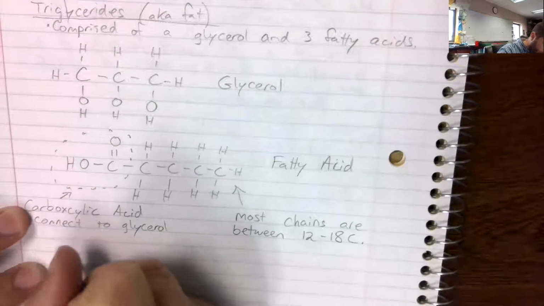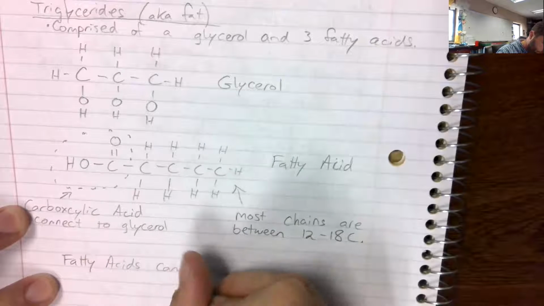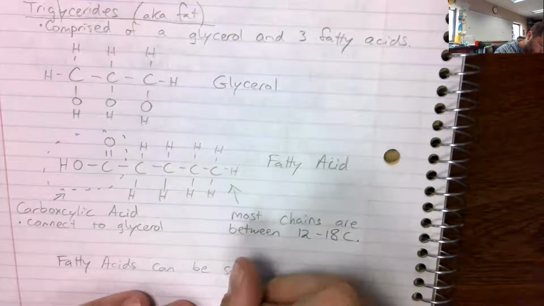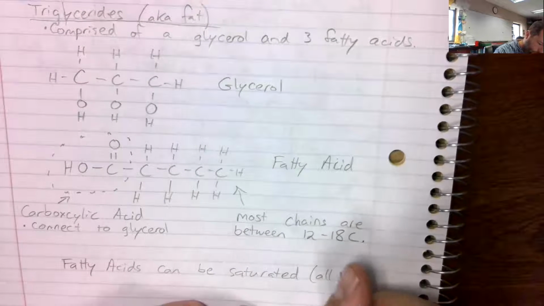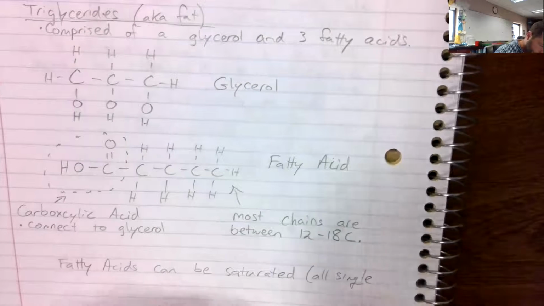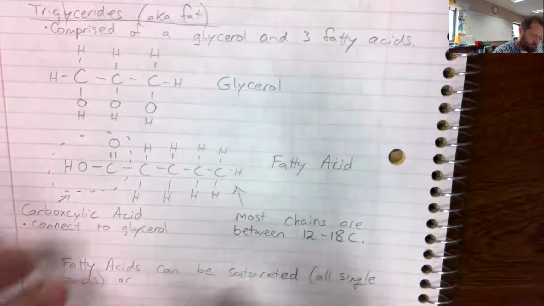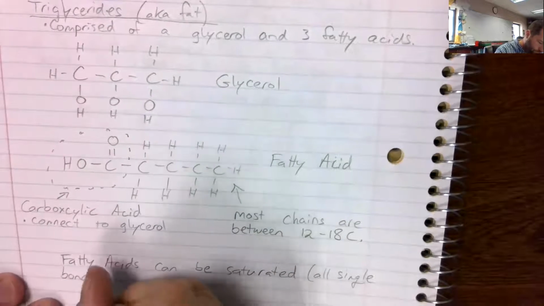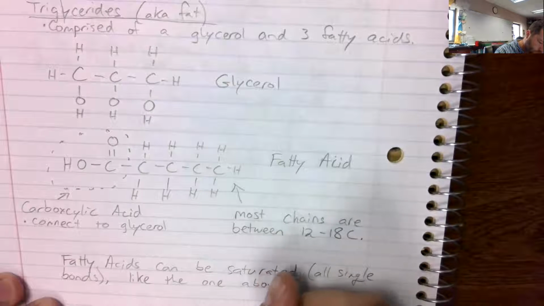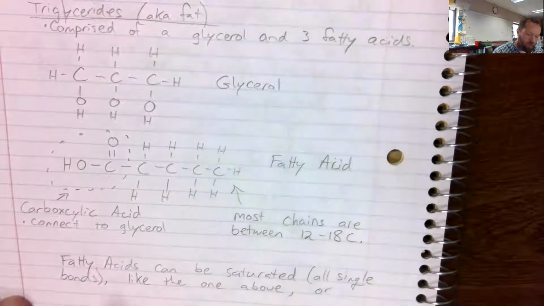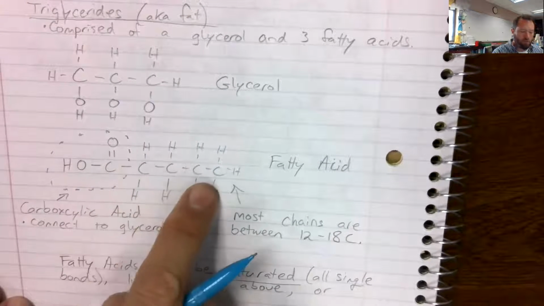And these fatty acid chains can be what we call saturated, like the one above, where it has all single bonds.